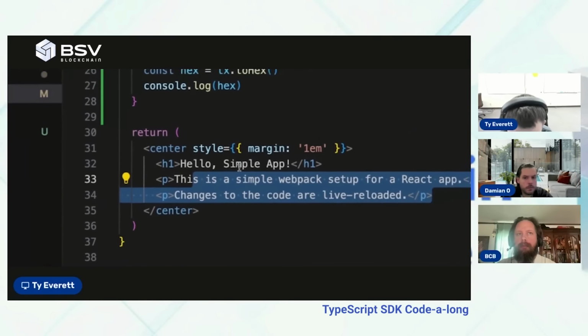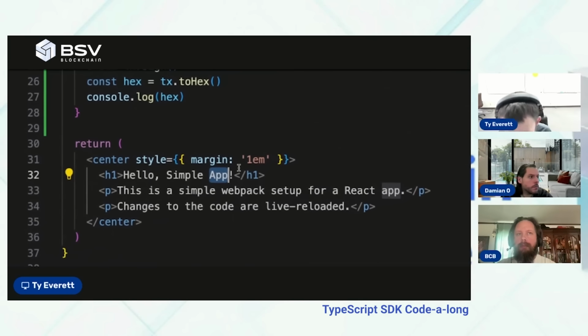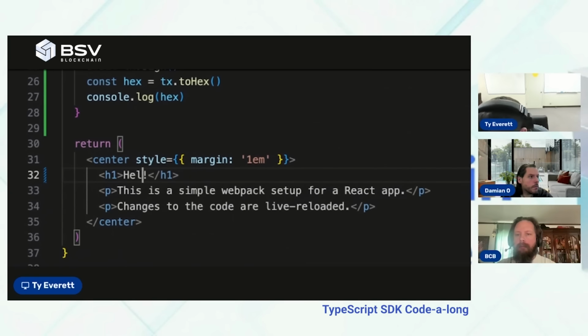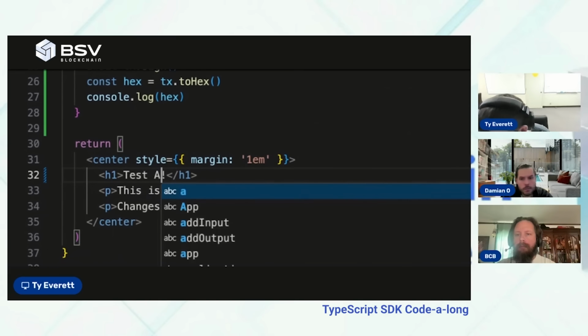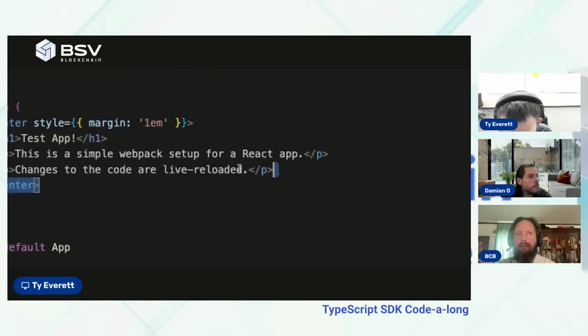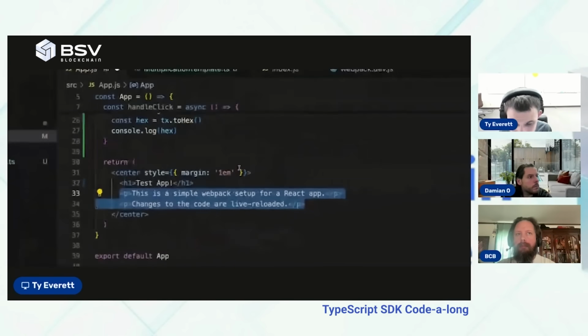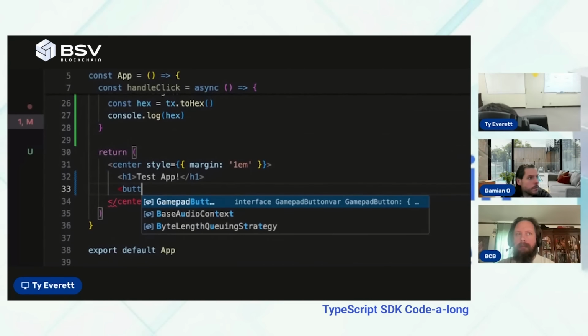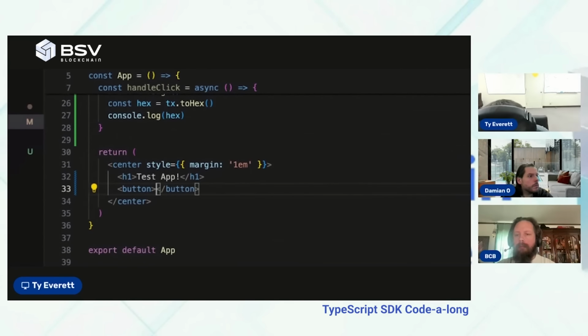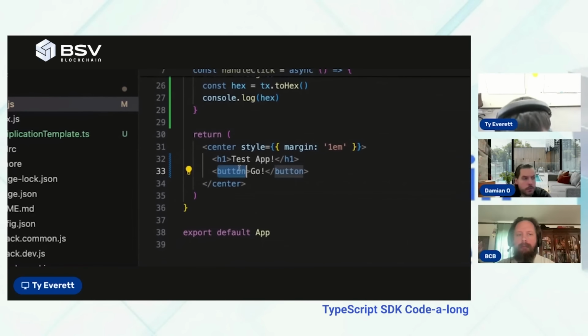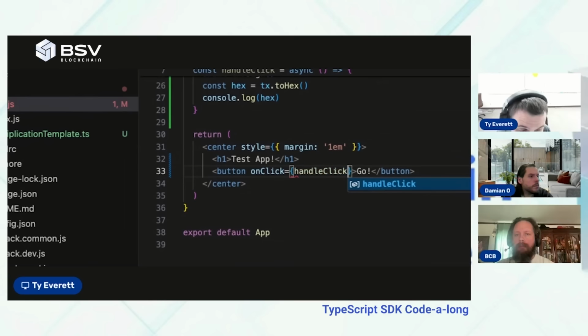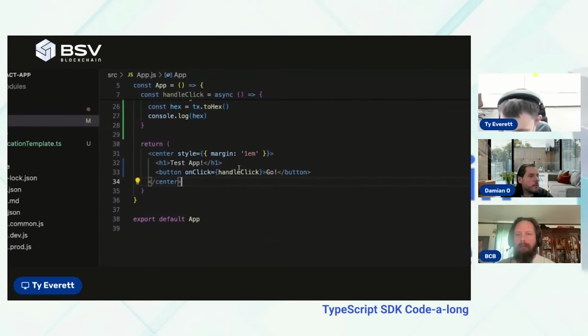I don't know if this is actually going to work because of some checks that go on when we run this stuff, but I'm just going to select all this code and remove it. And on click equals, of course, handle click. Okay.